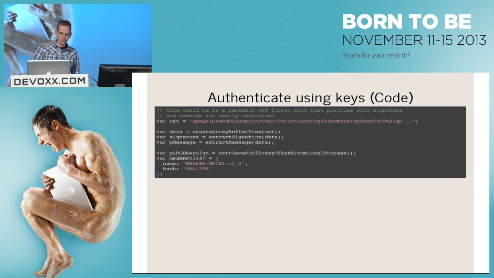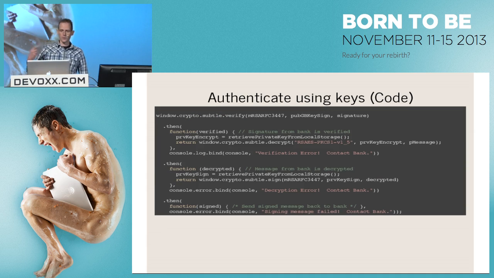The bank will sign the document, and we have to verify it. So we create again a dictionary specifying the algorithm that we use to sign the message, and a parameter which hash is used to hash the data that is signed.